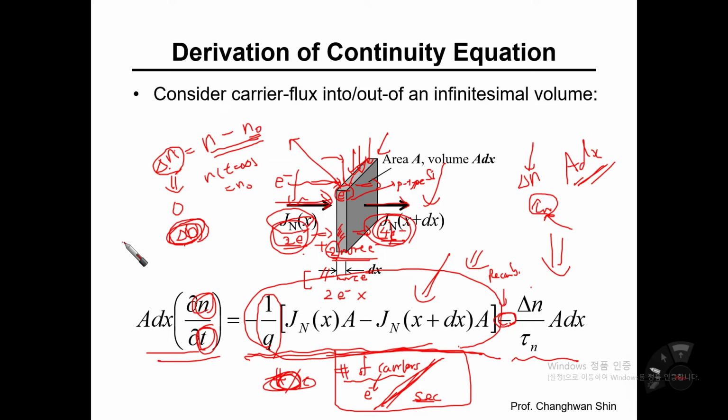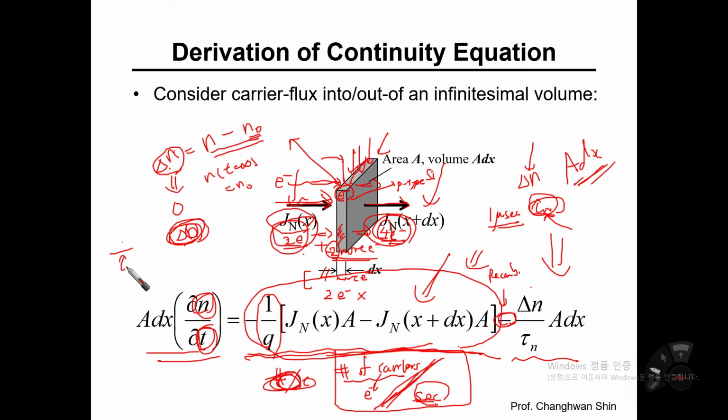So the thing that we need is the number of carriers per second, right? Suppose that this lifetime is 1 microsecond. That means every 1 microsecond, one electron would be killed by holes. But the information that we need to know is every 1 second, not microsecond, a single second.